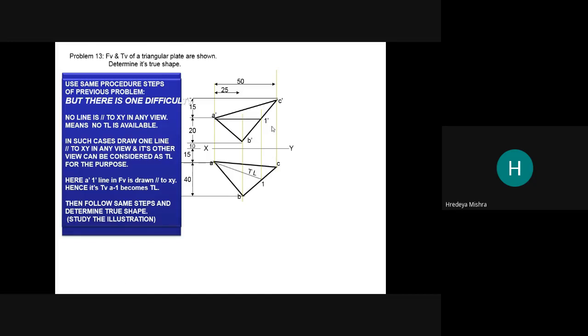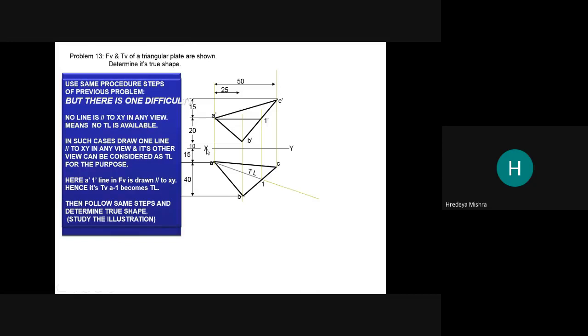So, similarly to the previous question, we have to draw the true length extension here. In the previous question, what happened?